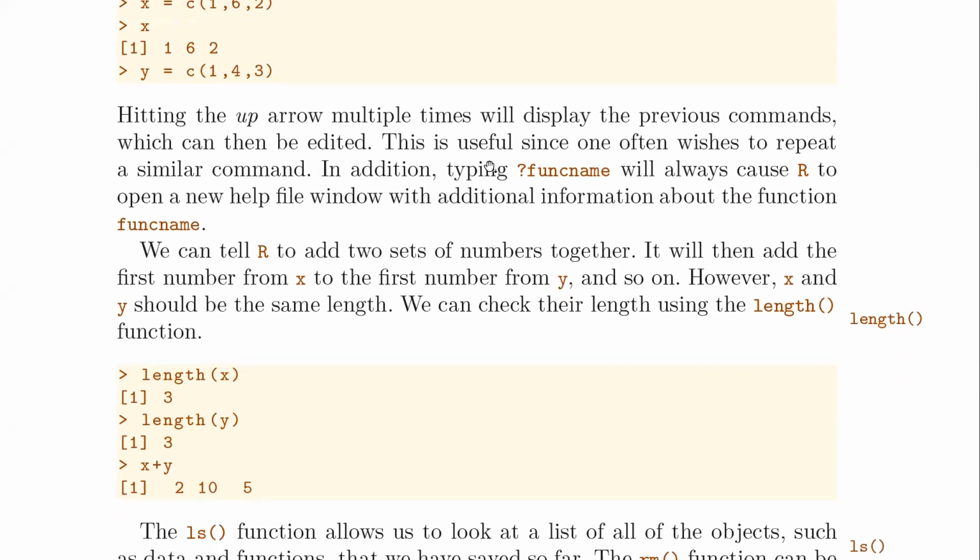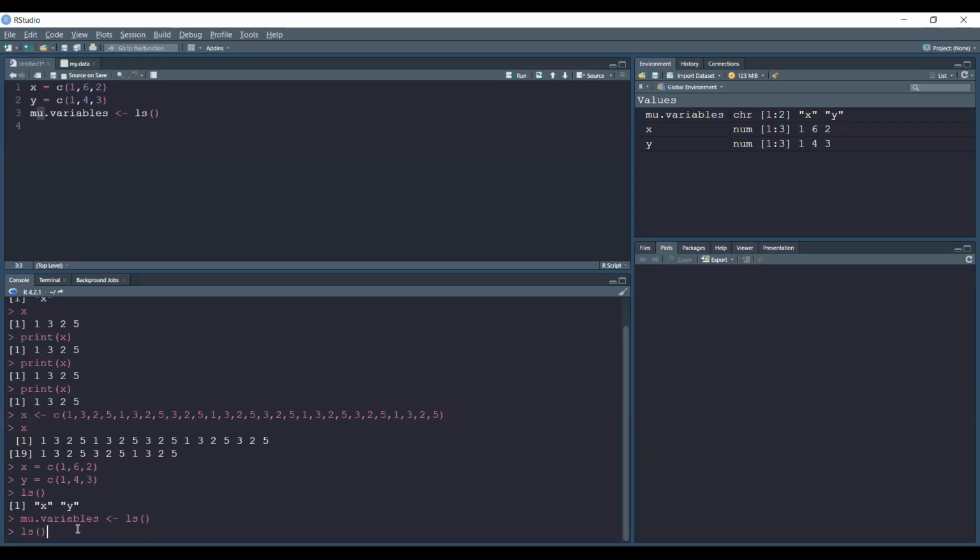Hitting the up arrow multiple times will display the previous commands, which can then be edited. But this is assuming that we're working in the console. If we're working in the console, we're seeing yesterday's commands, 2 days ago, 3 days ago.